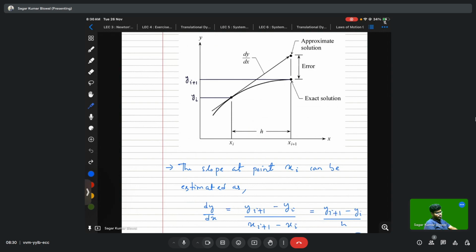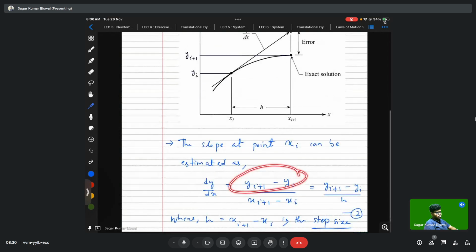And choose another point near this point xi, where you want to find the slope, and find the value of the function at this point xi plus 1, and as usual apply the dy by dx, right? This is actually delta y by delta x, not exactly dy by dx, right? Or you can write it as delta y by delta x.